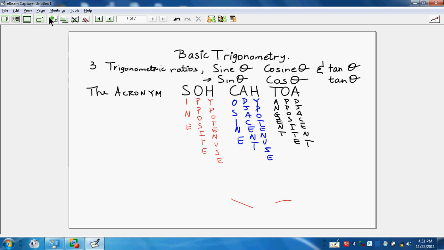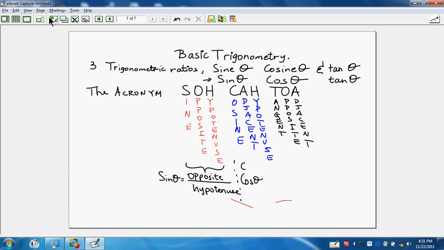So if we were to summarize, we could summarize by saying sine theta is equal to opposite over hypotenuse. And we could summarize what cosine is as well.